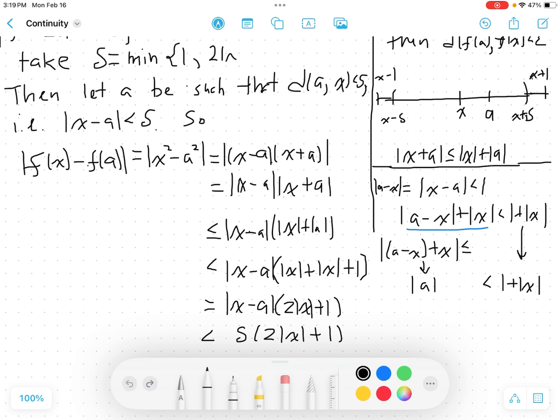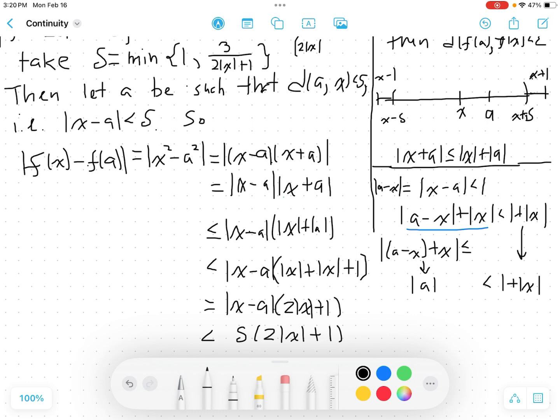Sorry, that's not what I want. I said I wanted to have epsilon divided by 2 absolute value of x. And then as epsilon gets smaller, this will get smaller. We want to make sure we're never dividing by 0.